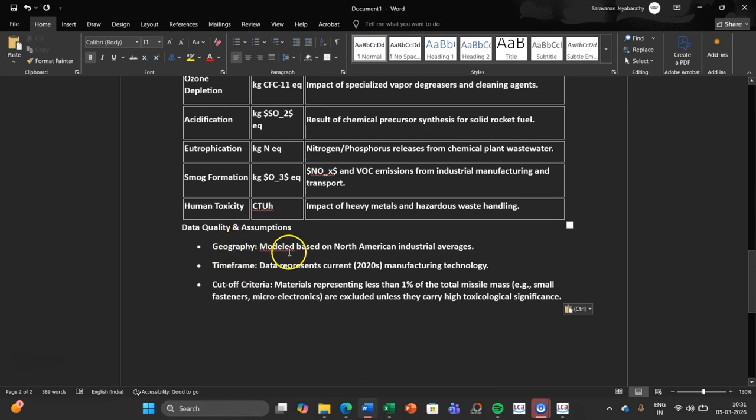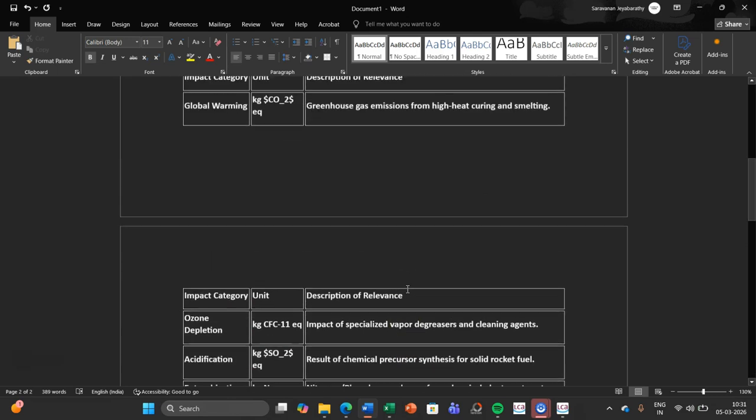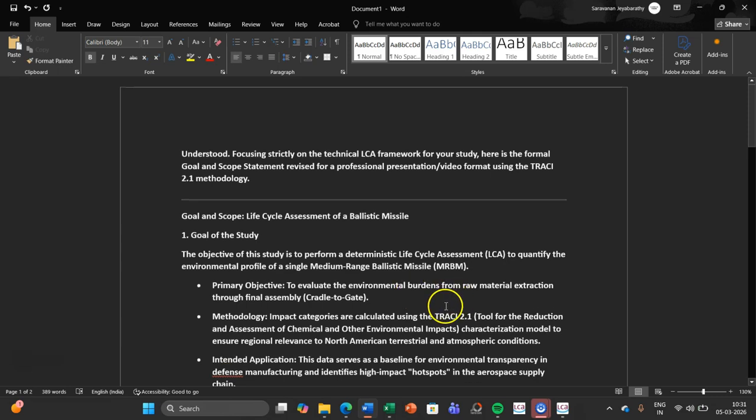Regarding data quality, it is modeled based on North American industrial averages. Time frame: data represents current manufacturing technology. Cutoff criteria: not much is being ignored. I hope you are very clear now.